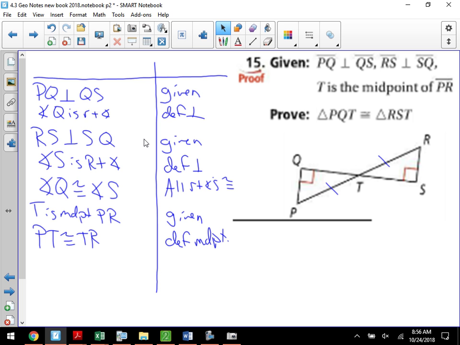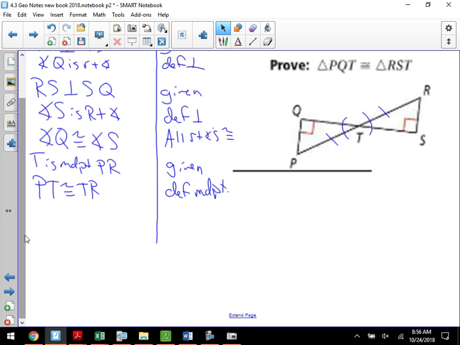What's that? Perfect. Vertical angles. Remember the bow tie thing again? There it is. You have vertical angles around T. So if I say angle PTQ, it would have to match up with RTS.